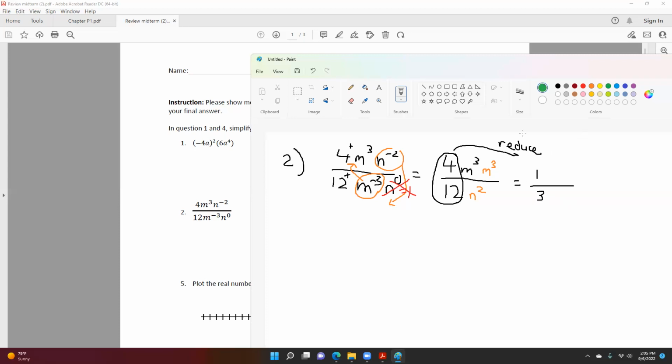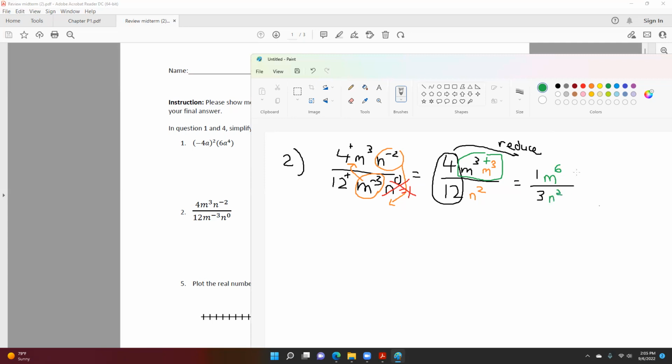Okay. This is the same base. So when you multiply, what are you going to do with your exponents? You add them. So this is m to the power of what? 6. And then you still have n squared at the bottom.